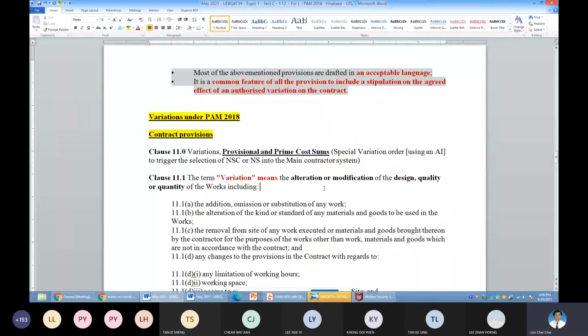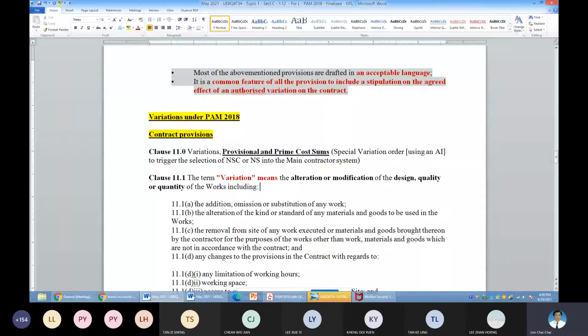This is a detailed one. You were asked to code under which category this variation is located. I mean, the clause that supports the architect in issuing the instruction.